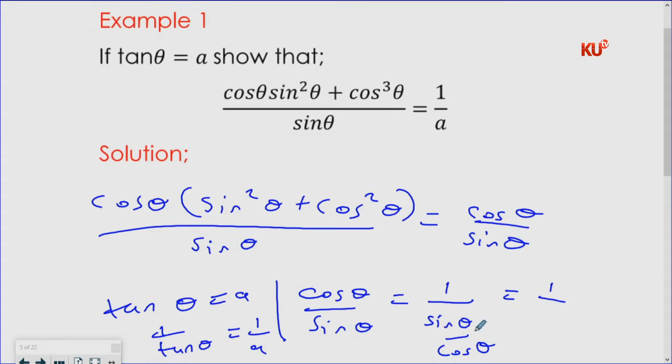From the second identity that we have just looked at, tan theta, which is equal to 1 over, but we had said tan theta is the same as A. So you replace tan theta, you have your A. So we have proved that whatever is on the left-hand side is equal to what we have on the right-hand side, which is 1 over A. So it's all about just playing around with the 2 identities that we have looked at.